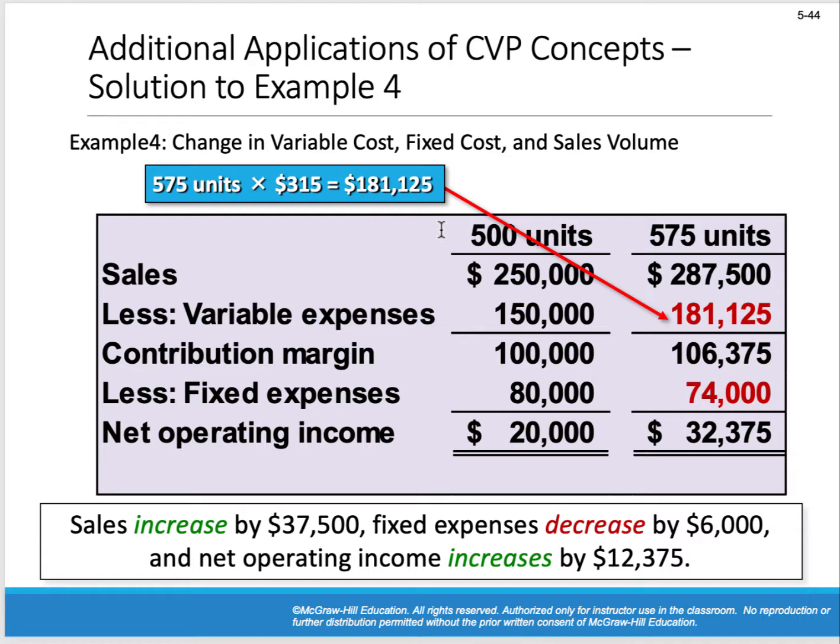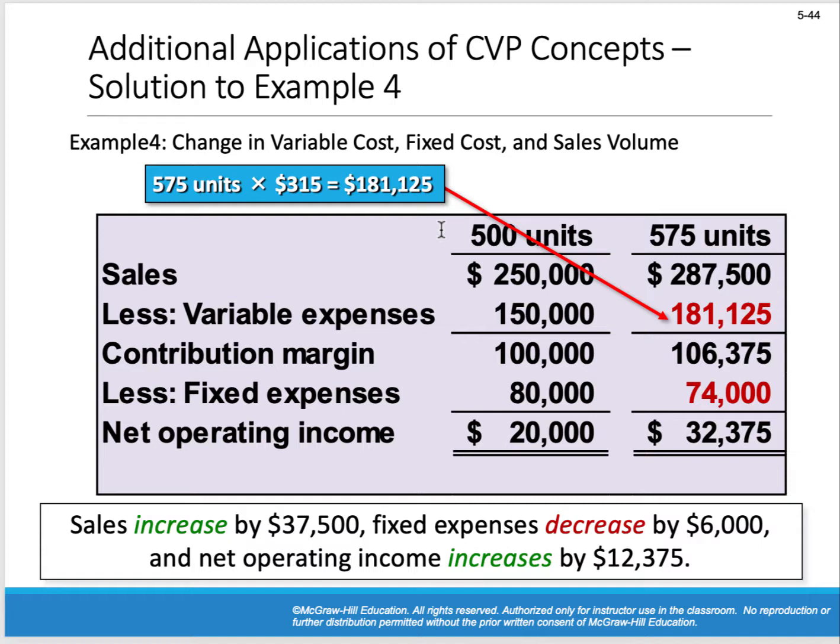I now need to determine, what's that bottom line look like? Well, I need to subtract my new total fixed expenses from my contribution margin. Remember, my fixed expenses were $80,000. Under this new plan, I am cutting that by $6,000. That means that my new total fixed expenses are $74,000.